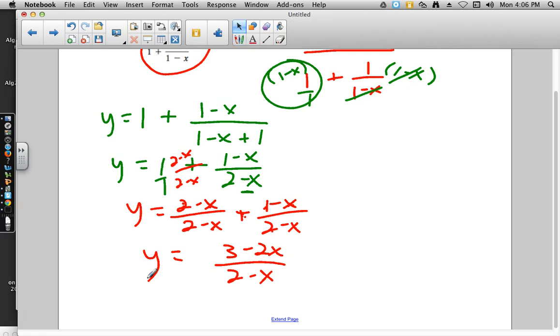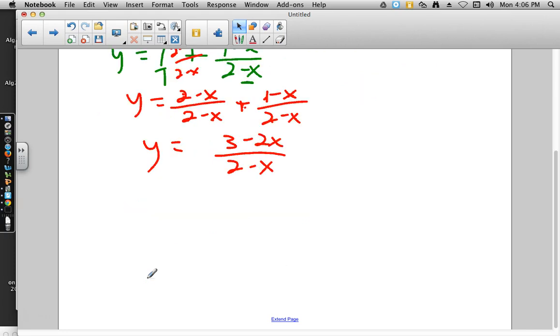Now, I just went ahead and put it all together, but the directions had actually said what they want us to do is solve this for x. Well, you had to go through and do this first before you could solve for x. But now we want to try and get x alone. So the best way to do that is to cross multiply.